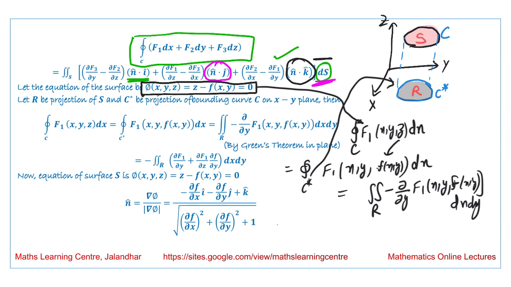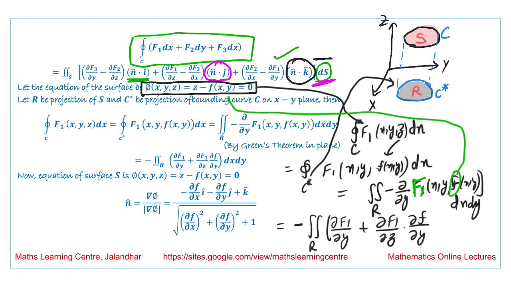If we apply this partial derivative here, this is equal to minus the double integral over R of del F1 by del y plus del F1 by del z into del f by del y. Here F1 is the capital F1 function and f(x, y) comes from the equation of the surface, into dx dy.